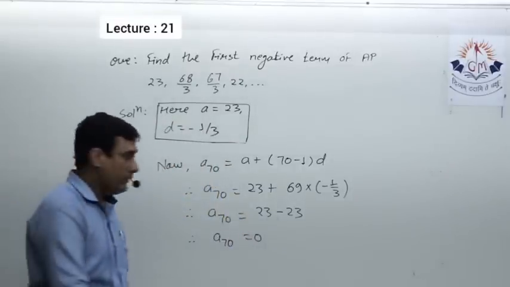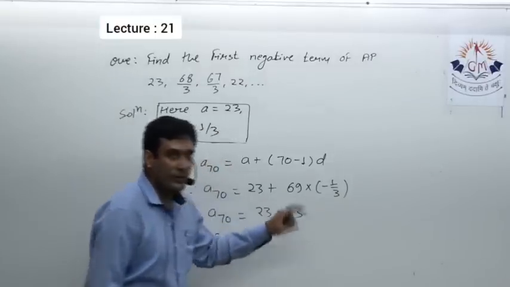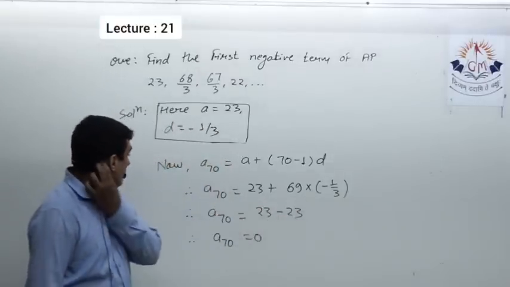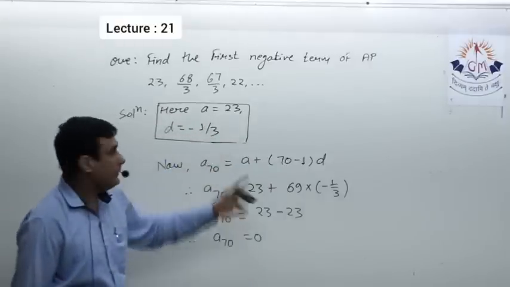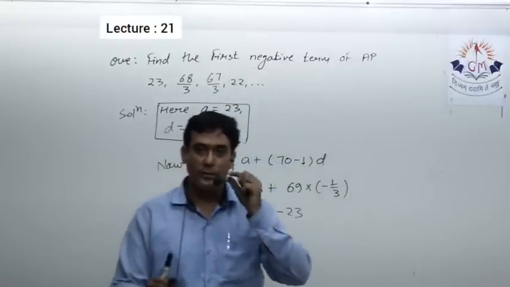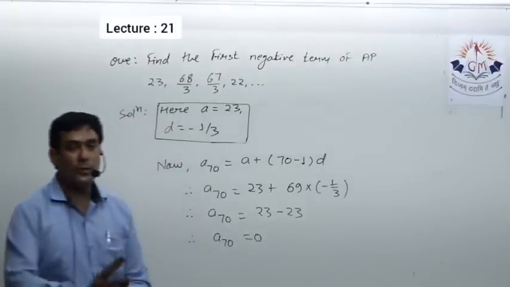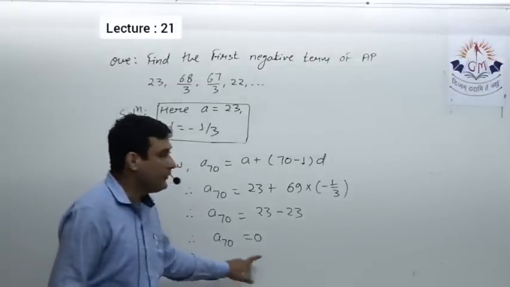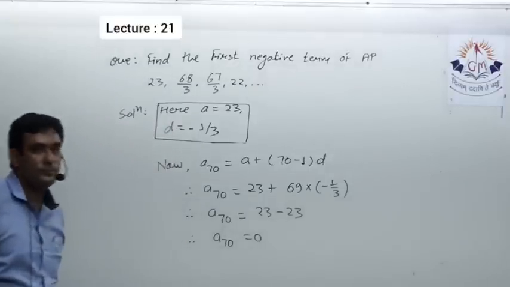So ultimately we got that the first negative term is the 71st, and its value was minus 1 by 3. That was our question: find the first negative term. So our answer is that the first negative term is minus 1 by 3, and we confirmed our answer in two ways. We obtained the value of A70, which is non-negative. So please note it down.